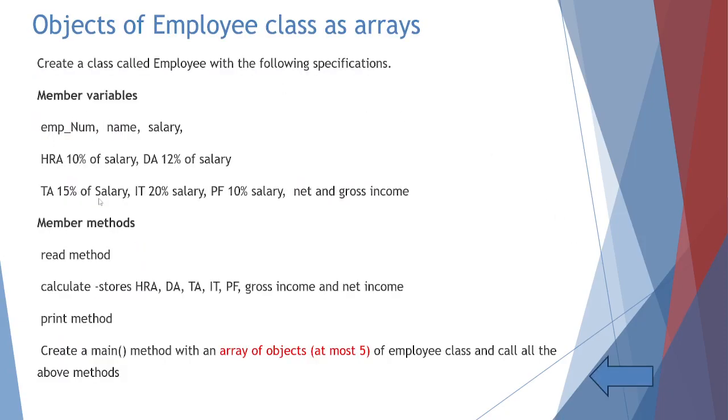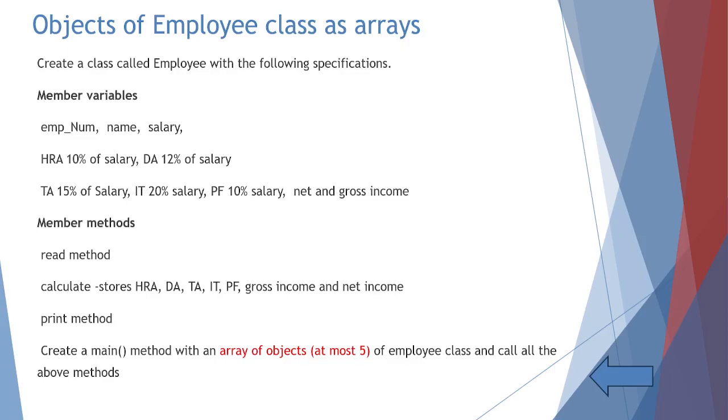Let's see the employee class problem statement. It is the same class which we discussed in lesson number 39, but with a little change in the problem statement. Create a class called employee with the following specifications: 10 member variables, such as employee name, number, name, salary, HRA, and so on.